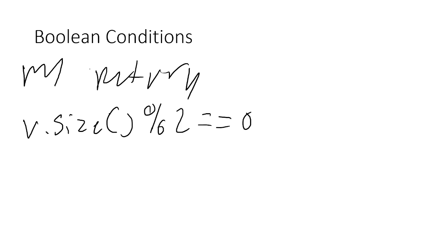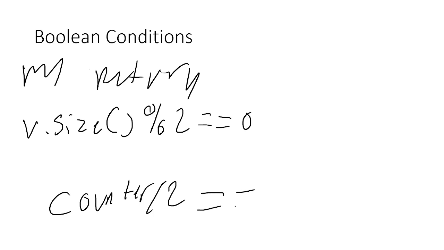Let me double check my code so I don't give you incorrect information. My v is an unordered set, so I think it just gathered a bunch of things. So I do that. V needs to be divisible by 2, and your counter divided by 2 needs to be equal to max flow.